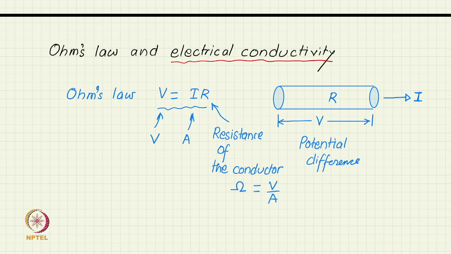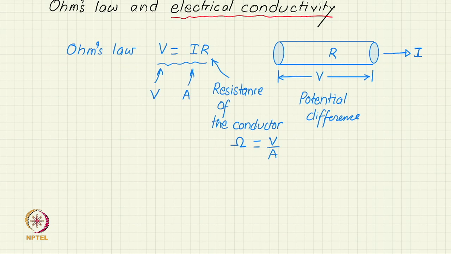Now, let us try to look at this law in a little microscopic way, and that is, let us represent the resistance in terms of resistivity, because we know that the resistance R is proportional to the length of the conductor L, and it is inversely proportional to the cross sectional area A. So, resistance is directly proportional to the length and inversely proportional to the area, and this proportionality constant is known as the resistivity.